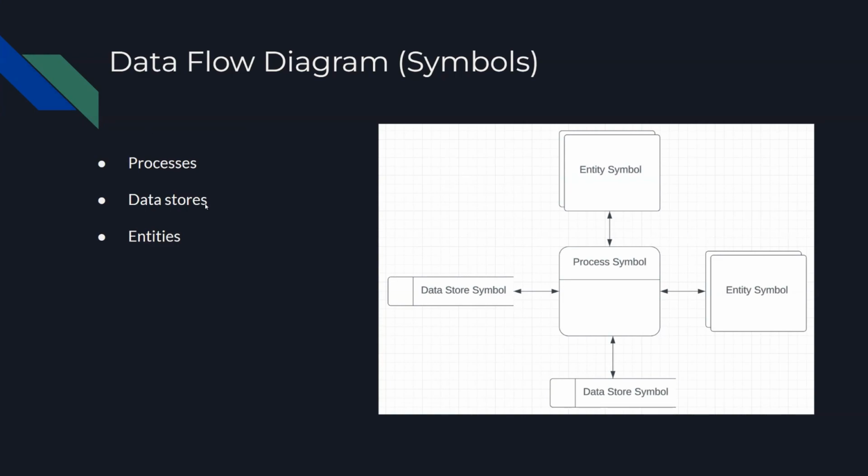Now moving to data stores. A data store, which is right here, is a symbol that represents stored data that the system utilizes for future processes. For example, let's say a student goes through a semester to assign a final grade.